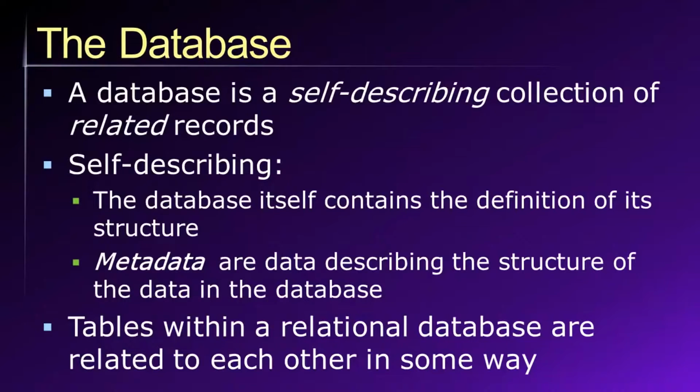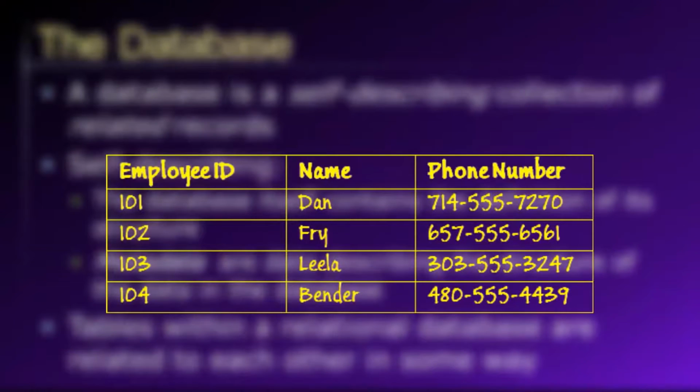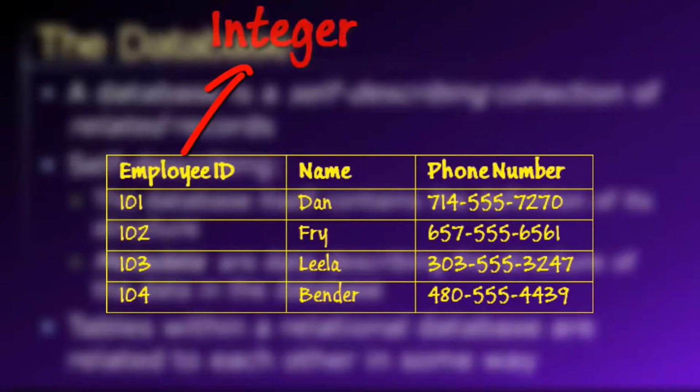And in the context of the database world, metadata are data which describe the structure of the data in the database. So for example, I may say that an employee table contains an attribute called employee ID, and that ID value is an integer. That knowledge that the employee ID value is an integer is metadata.